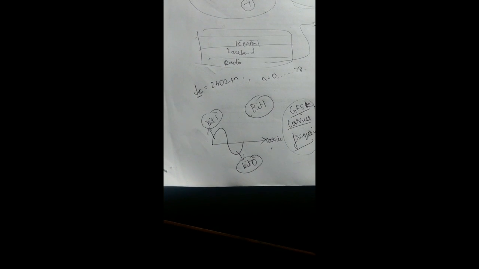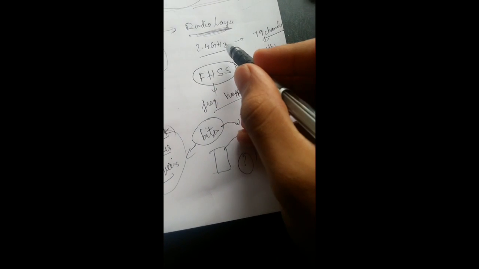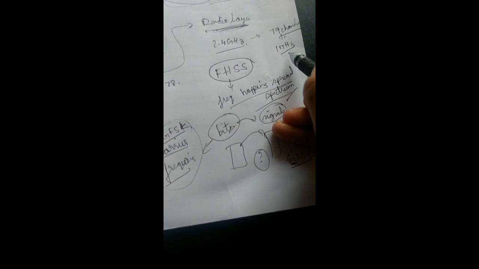You get it? So how do I find out the frequency of each and every channel that has been created? For that we have another formula called FC. Frequency for each channel is equal to 2402 plus n. n can range from 0 to 78, because I have already told you that 2.4 gigahertz is divided into 79 channels, each of 1 megahertz.